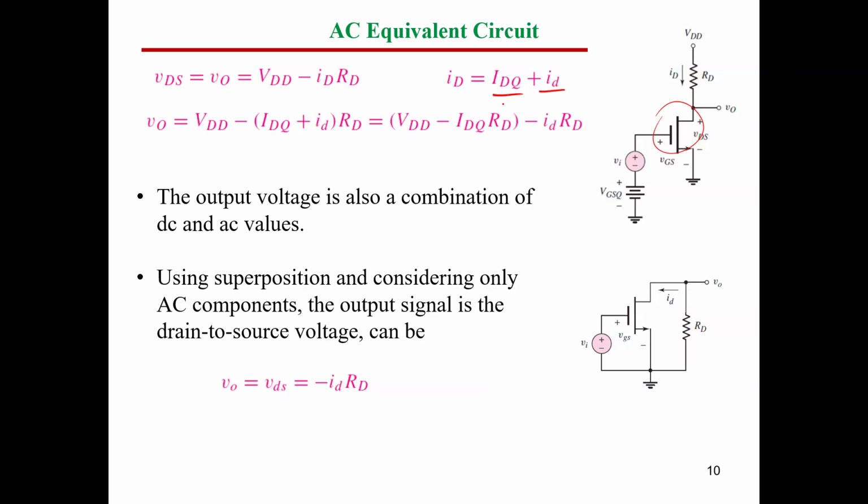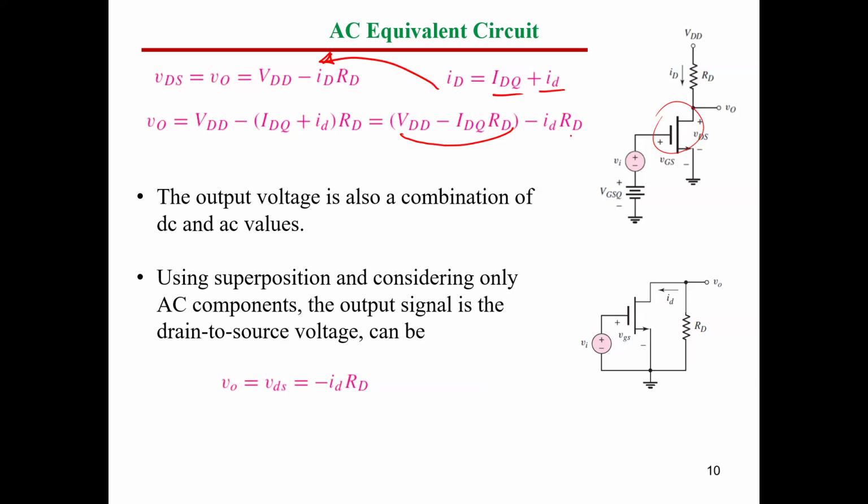So we can say V out equals VDD minus, let's substitute now with ID here in our equation, the ID DC value and ID AC value times RD. So you will end up with this equation, which has the DC value we used before in the DC analysis, minus the AC current times RD.